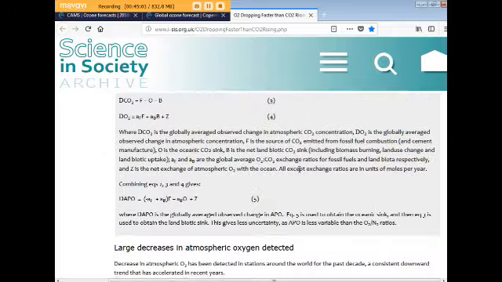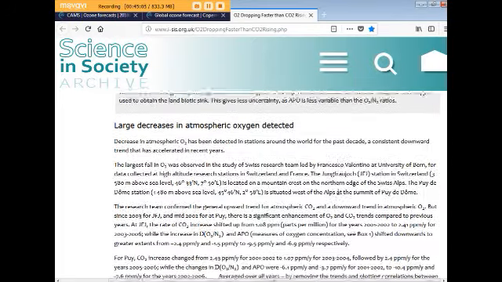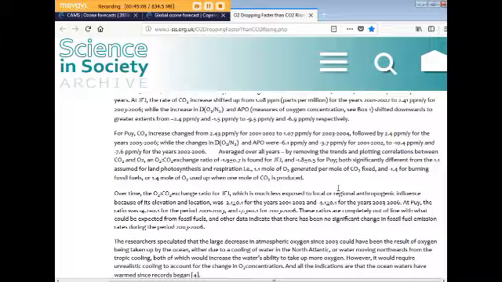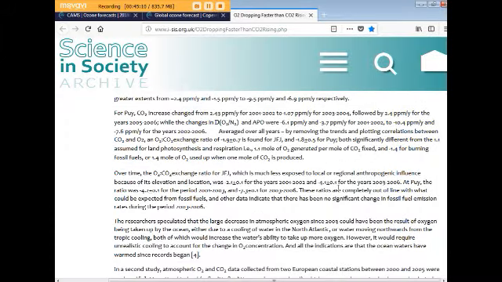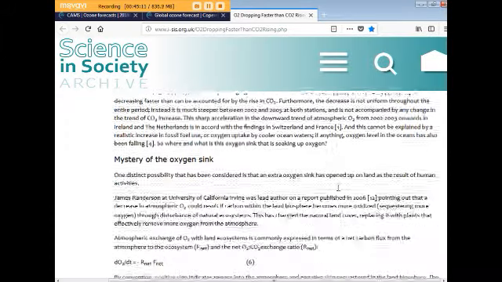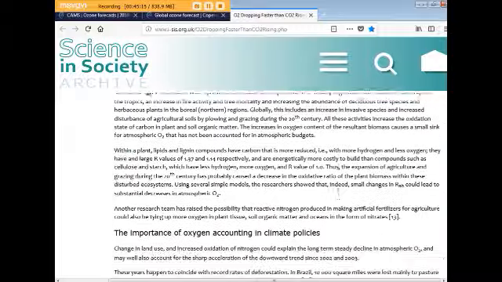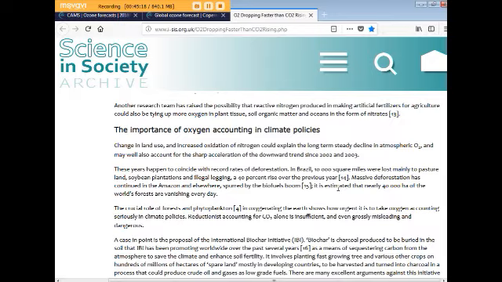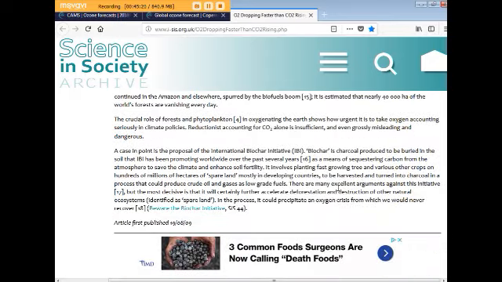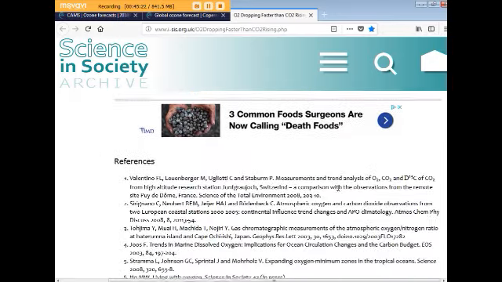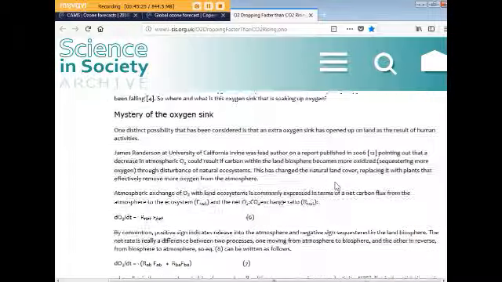I don't know why they don't. They measure everything else. You know, maybe they don't want us to see how bad everything is getting. And then there's an oxygen sink, climate policies, etc., etc.